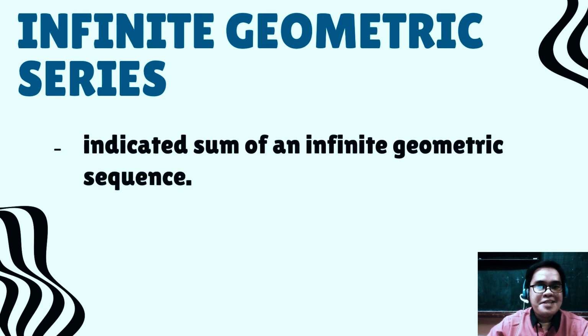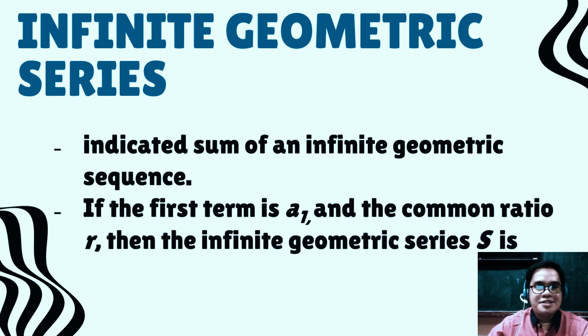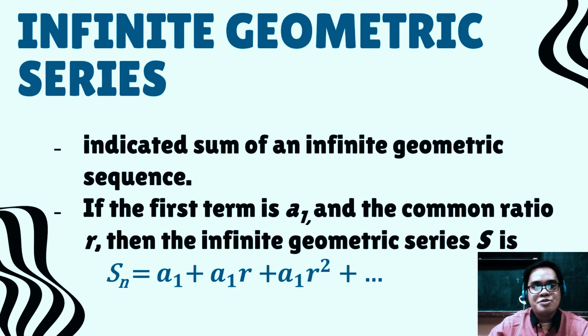The type of geometric series is infinite geometric series. It is the indicated sum of an infinite geometric sequence. If the first term is a sub 1 and the common ratio r, then the infinite geometric series S is a sub 1 plus a sub 1 times r plus a sub 1 times r raised to 2 and so on.